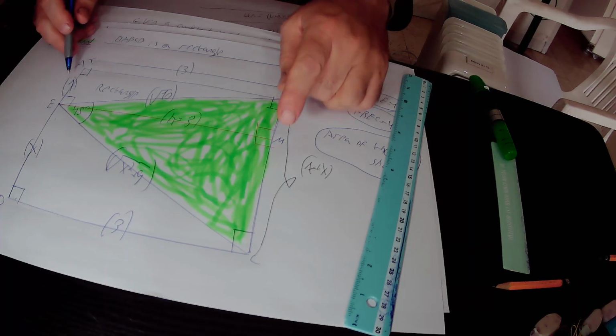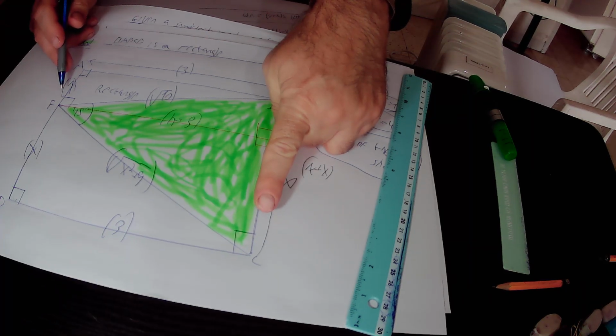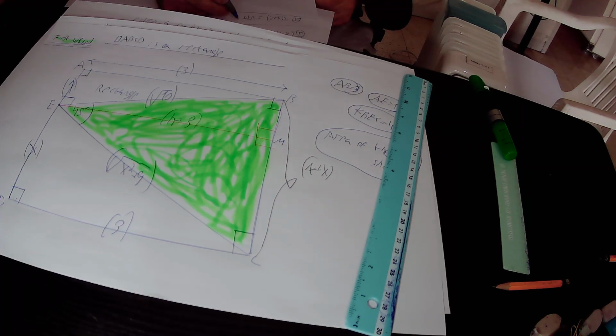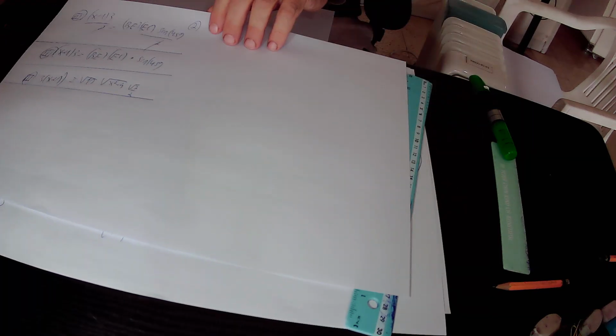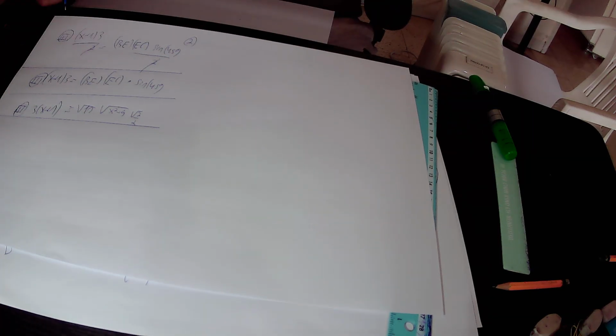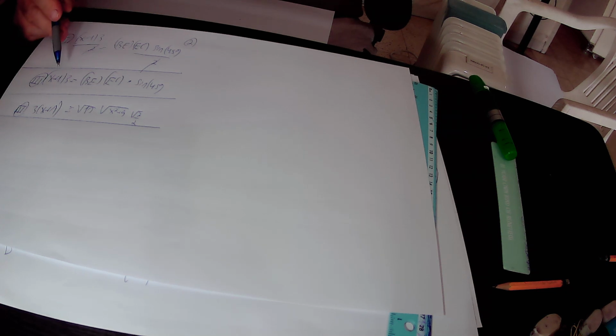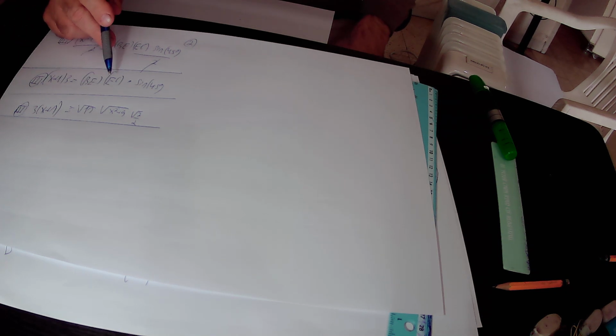We already found out that side EC equals the square root of x squared plus 9 units in its length. Times sinus 45 degrees. Sinus 45 degrees equals the square root of 2 over 2. So in total, according to the equation, we have found out that 3 times (x plus 1) equals: BE is square root of 10, EC is square root of x squared plus 9, and sinus 45 degrees is square root of 2 over 2.